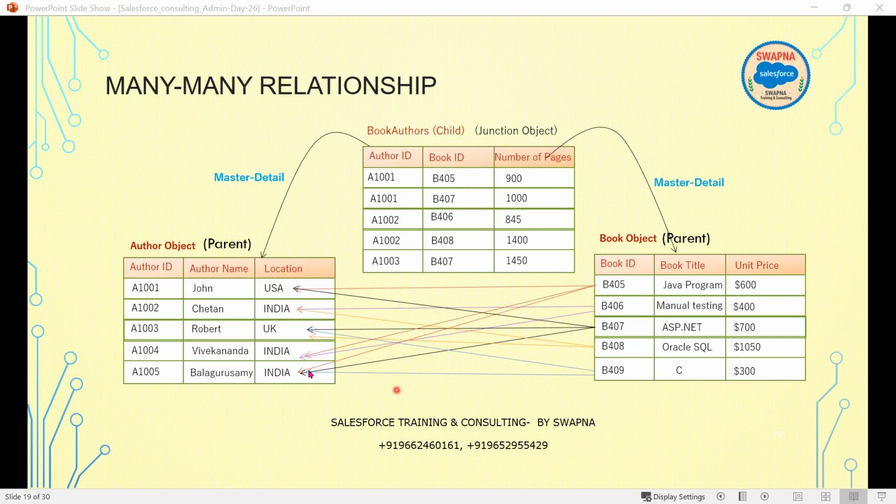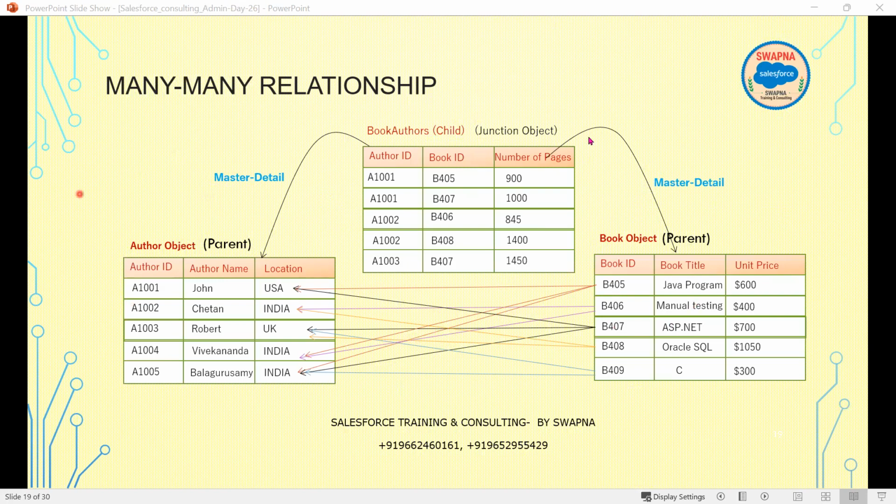So many-to-many association is not possible directly between 2 objects. If you want to implement a many-to-many relationship, you need another feature called a child object, which is associated with both the parents with master detail relationship. The child object is also referred to as a junction object. So a junction object should always be associated with the parents with master detail relationship.